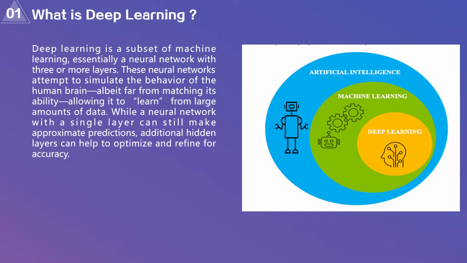Apart from matching, their abilities allow them to learn from large amounts of data. While a neural network with a single layer can still make approximate predictions, additional hidden layers can help to optimize and refine for accuracy.